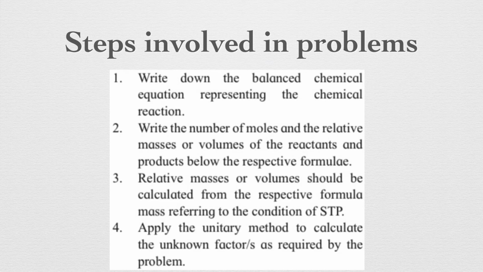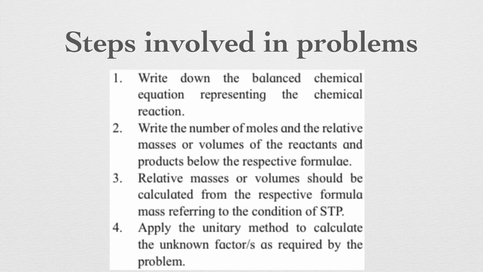Second, write the number of moles and the relative masses or volumes of the reactants and products below the respective formulae. Next, relative masses or volumes should be calculated from the respective formula mass, referring to the condition of STP, that is standard temperature and pressure. And the last one, apply the unitary method to calculate the unknown factor as required by the problem.